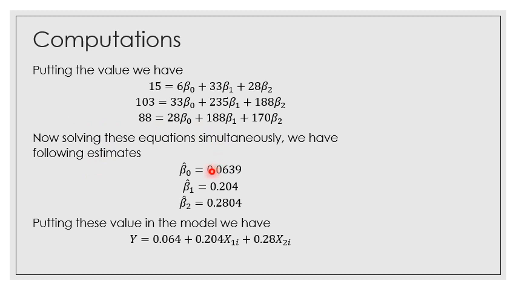Using this matrix approach, you can get the estimates, and putting these estimates in the main model, we have this. Now you can see that we have two equations, one obtained from the formula method and one obtained from the normal equation method. They are the same.